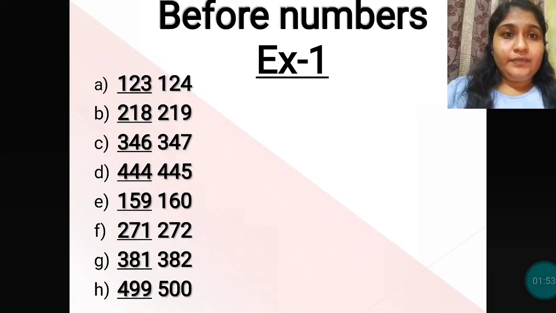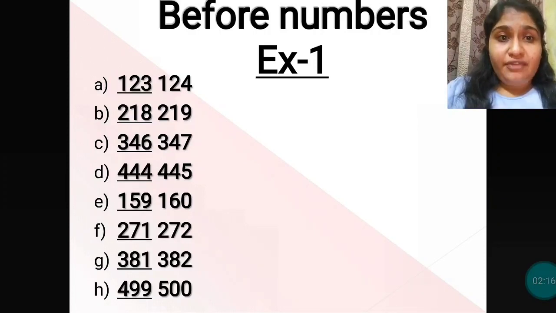Let's check. So students, write down the answers. So here the first one is 124. 124 से पहले क्या आता है? 123. Next, 219. 219 से पहले क्या आता है? 218. Third, 347. So here the given number is 347.